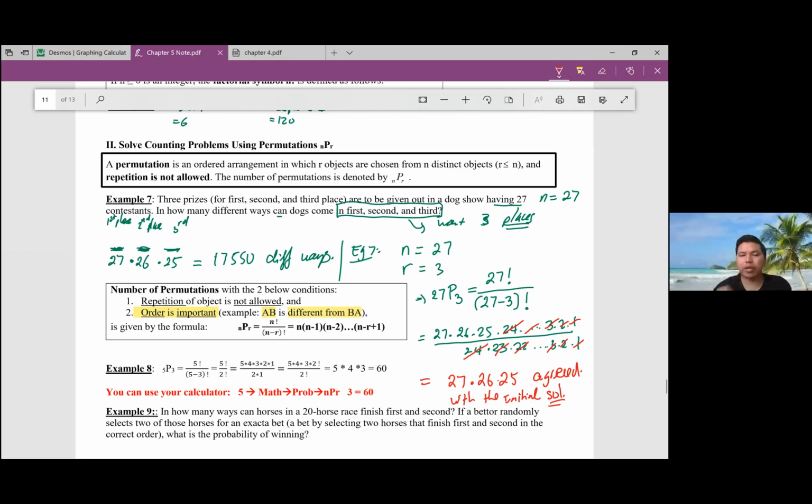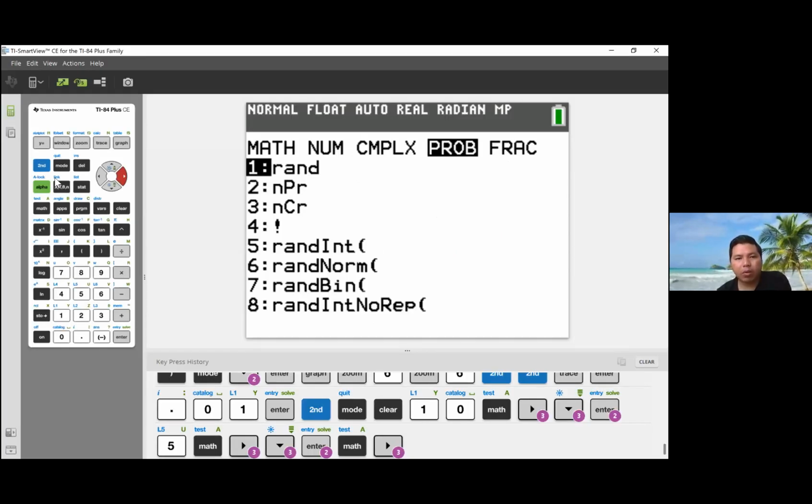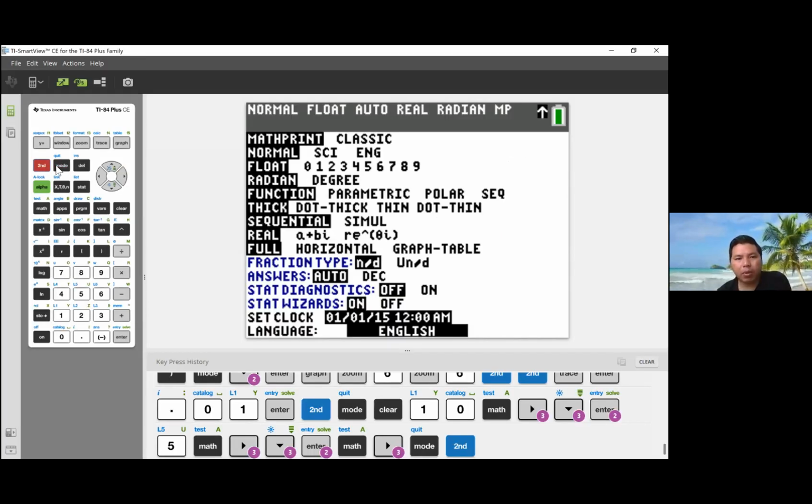We have permutations, right? So if you want to use a calculator, then you just apply the rule here. So now we're going to start with the outcome first. So I have 5, and I go to math and then probabilities, and then I select nPr and whatever I want to do, I can just get that answer. So if I want to use a calculator for this example, go back to the main screen one more time.